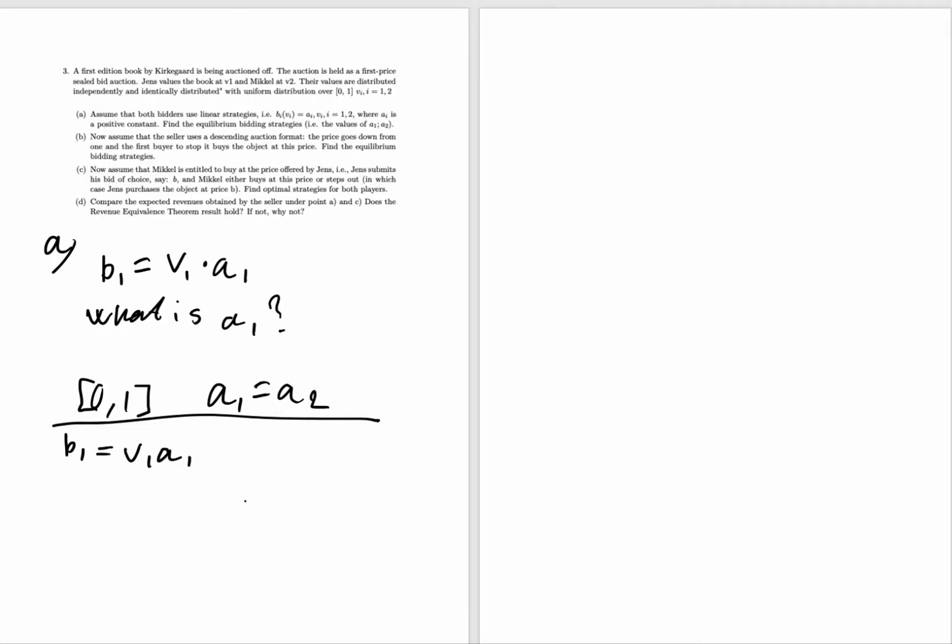And now we want to try and find out how to maximize the expected profits. So we'll write up that we're looking for the expected profit for player 1, given the draw.